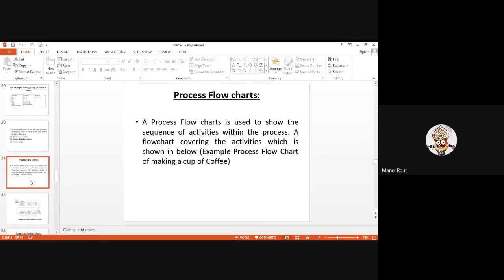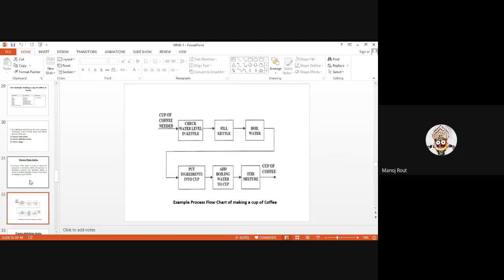A process chart converts the activities, which is shown in the example below. The example of a process flow chart for making a cup of coffee.